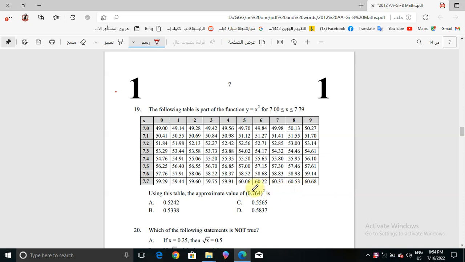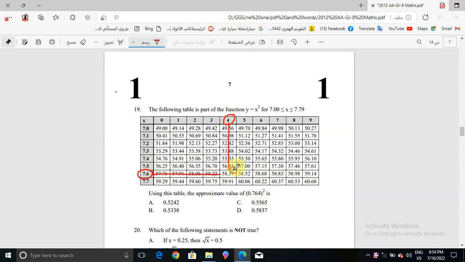Okay, so 0.764. Multiply this number by itself 2 times, you will get 7.64. So that means here we have 7.6, right? Then 4, we have 4 here. Okay, in place of 7.6, go until the row of 4, the column of 4.